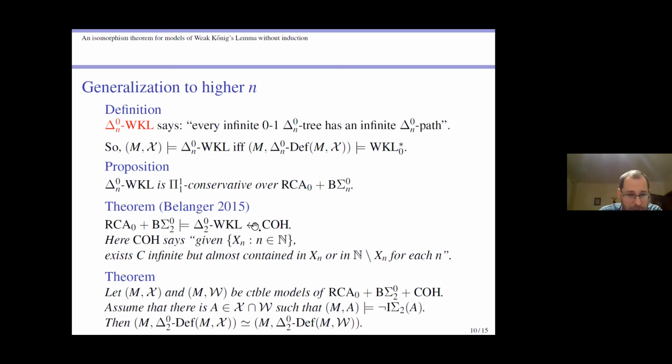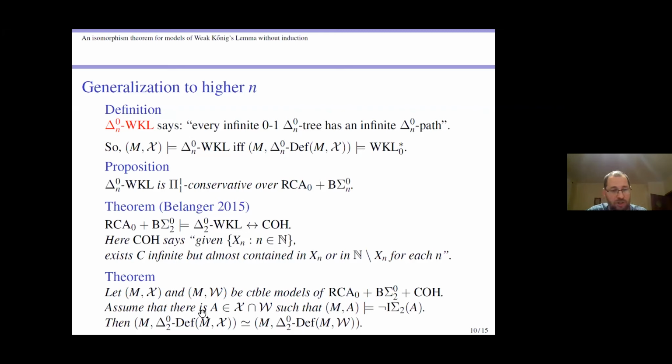So that tells us that if you have two models of RCA₀ plus Σ₂ collection plus COH, and they contain a common parameter that witnesses a violation of Σ₂ induction, now we can relativize the whole picture to zero jump, apply our theorem, and what this tells us is that these models, MX and MW, of this cohesiveness principle might not be isomorphic themselves, but their Δ₂ definable universes will be.